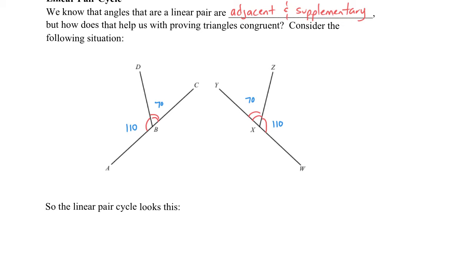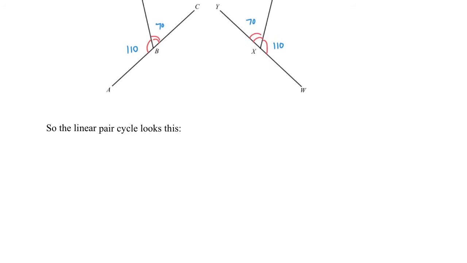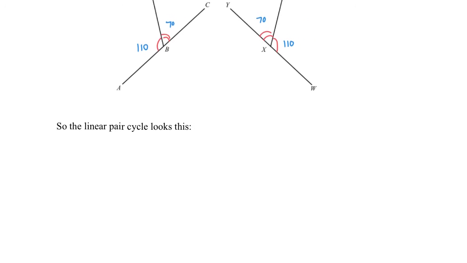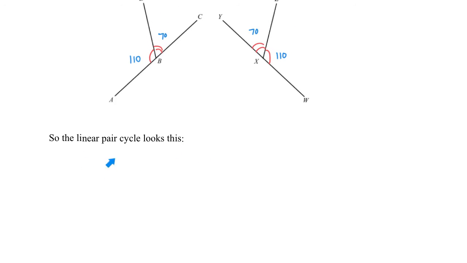So let's use this diagram and actually write up what this would look like. You could even start with the linear pair cycle if you wanted to, and you would have the following. You would have whatever step you're on. I'm going to call it step one. You would say if linear pair, then supplementary.